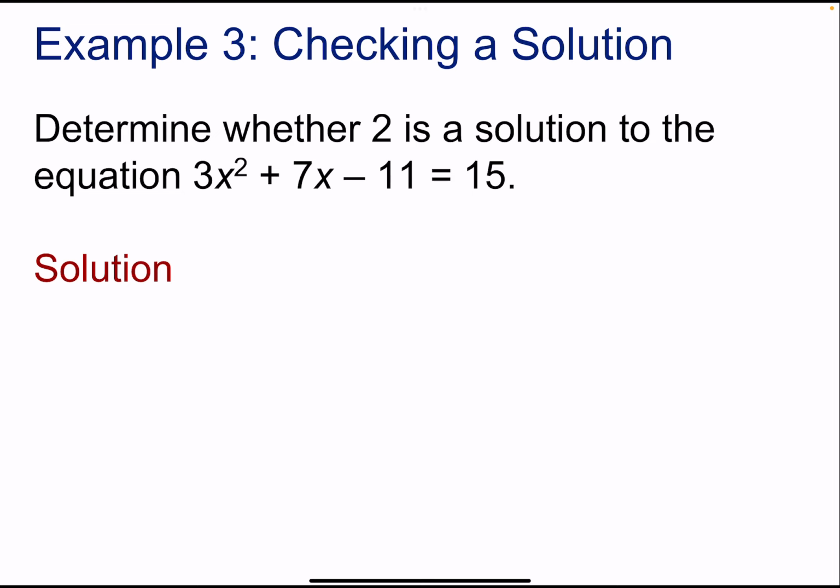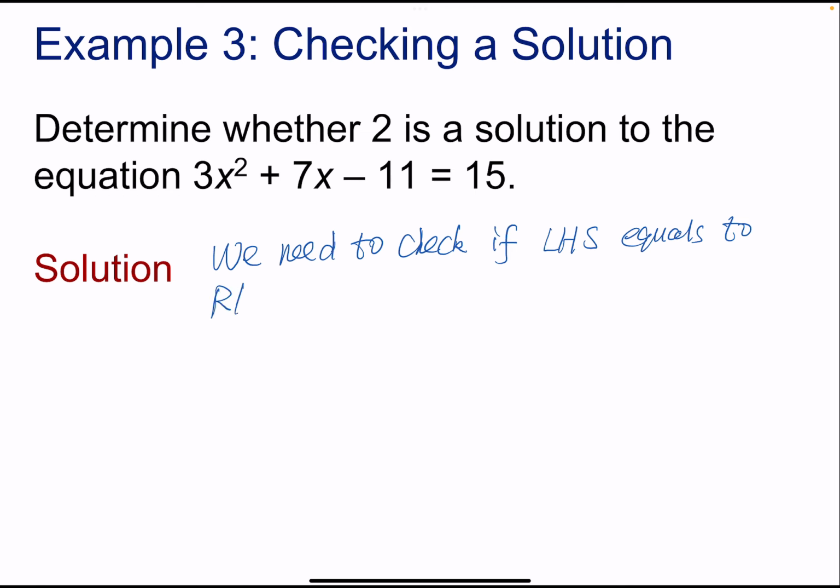What we need is to check if the left-hand side equals the right-hand side by substituting 2 for x.